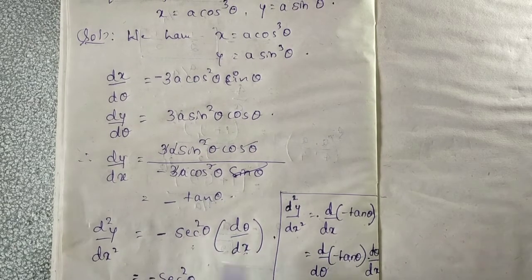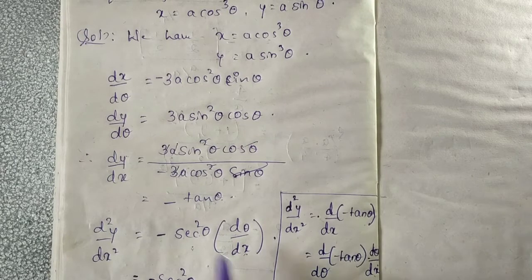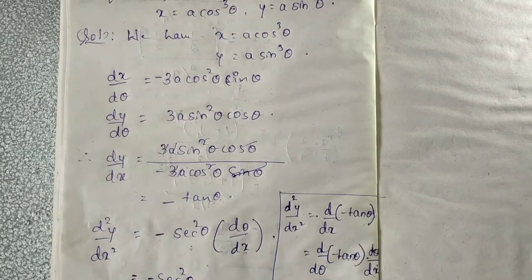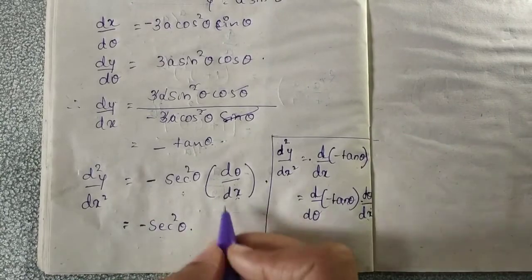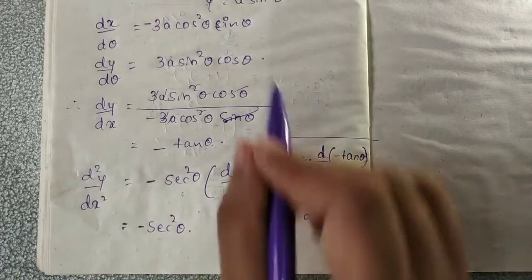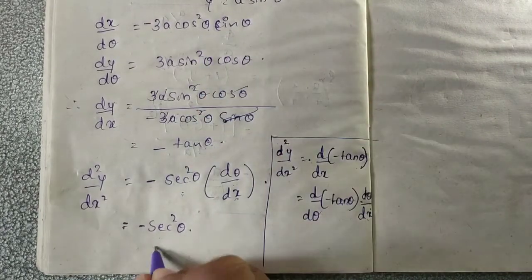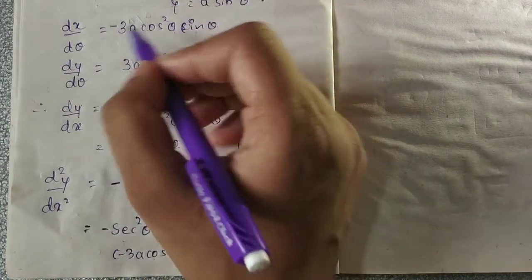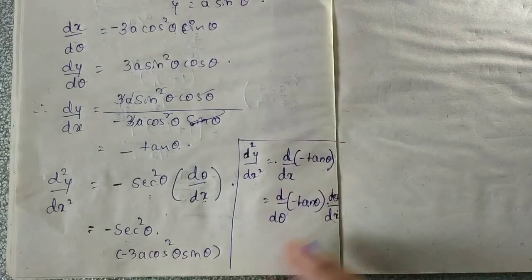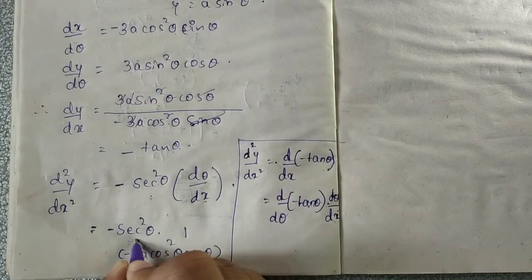Secant square theta into d theta by dx is there. I kept as it is. Am I clear? So this is how to apply the chain rule for the given problem. Secant square theta into the value of d theta by dx we have, which is here d theta by dx we need. We have dx by d theta. So we need the reciprocal of this.